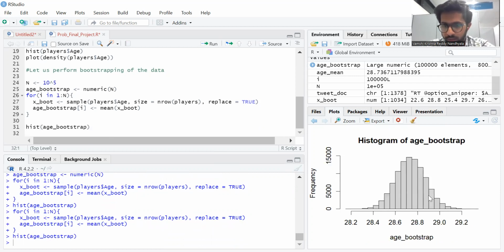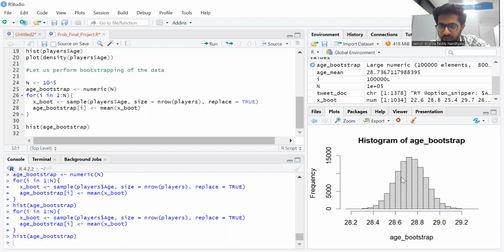If you observe this histogram and recall the histogram which we saw earlier, you could clearly differentiate the variation between the two.